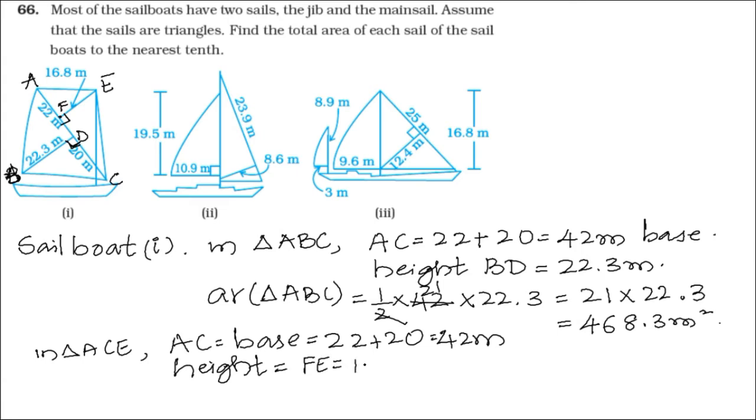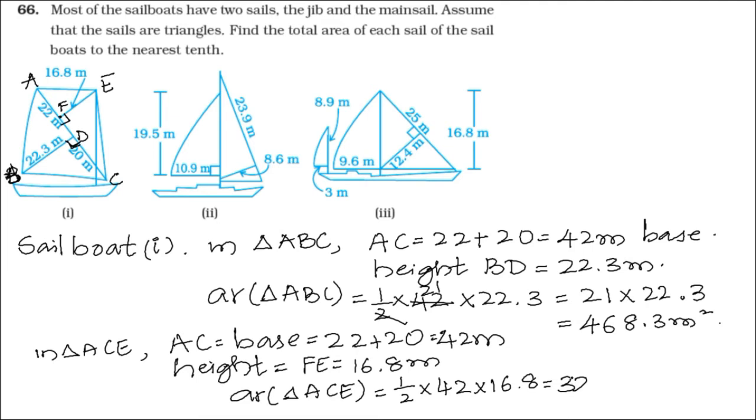They have given it as 16.8 meters. So we can find the area of triangle ACE. This will be equal to half into 42 into 16.8. On simplification, we get 352.8 square meters.